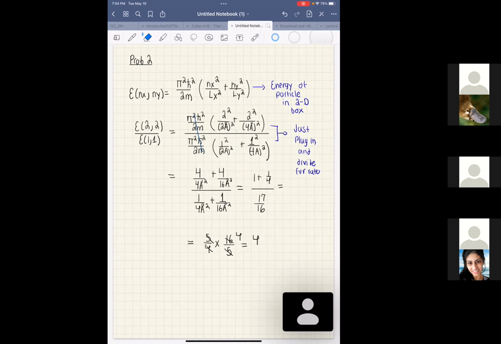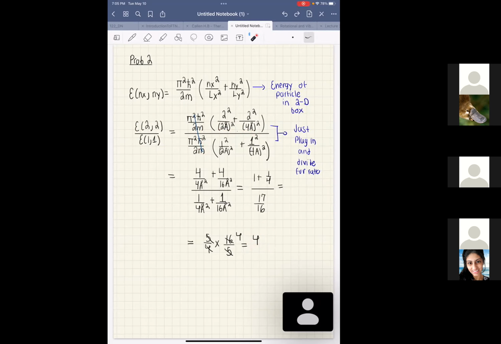Basically what you have to do is just plug and chug. You get the equation here, and then you divide E of 2,2 over E of 1,1, which is what they want you to find. You cross out the constant in front because it's not affected. M is still the same. Then you plug in what L of x and L of y are, and you just solve it, and you get your answer to be 4.